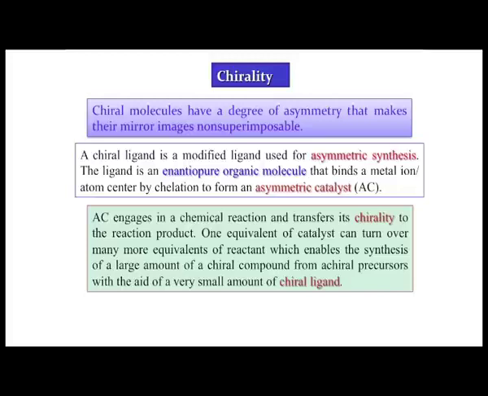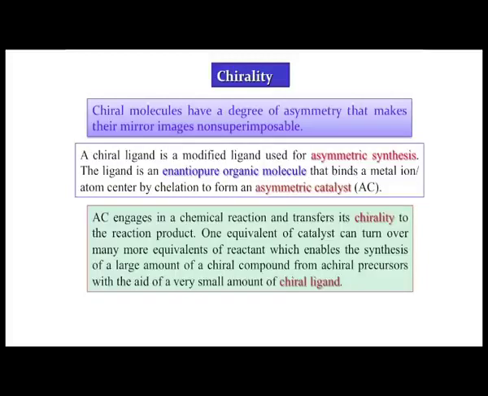So, if we have the metal center and that metal center is utilized for a catalytic conversion, just now as I told you, the metal center is being utilized for the conversion of A to B, and if we are able to make that metal ion center a chiral center, it can induce something on the organic molecule, which can also be achieved by putting in a chiral ligand.